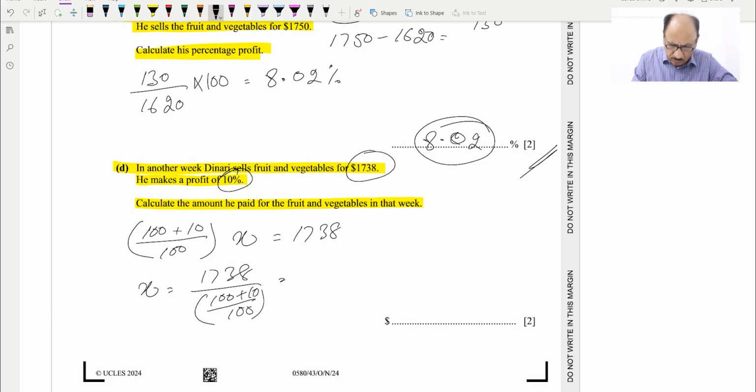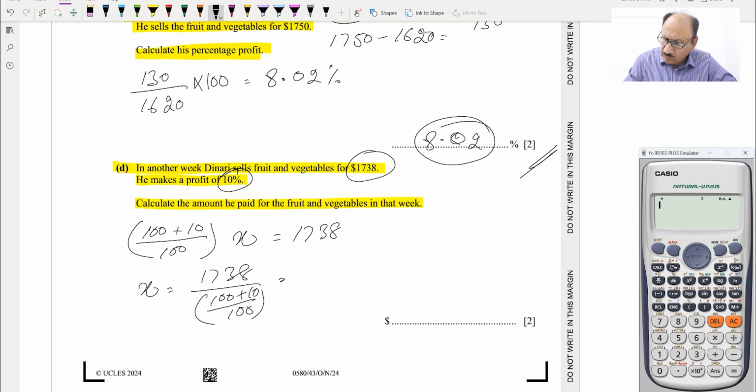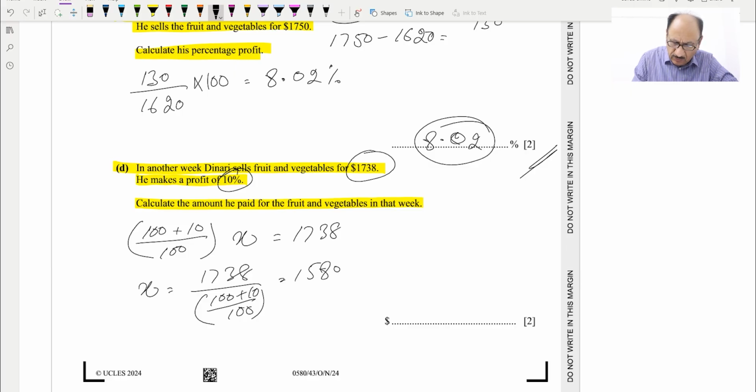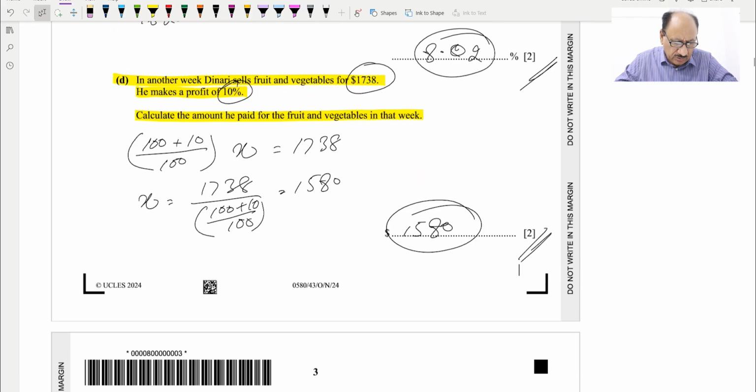So 1738 over 110 over 100 results in 1580. So the original price was $1580, and this is a 2 marks question, which is done.